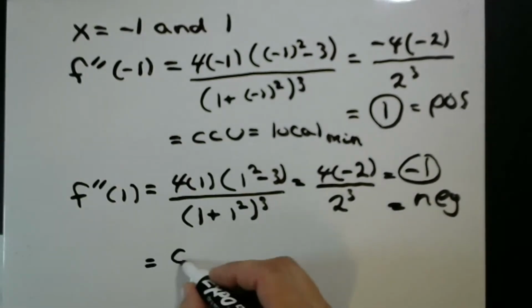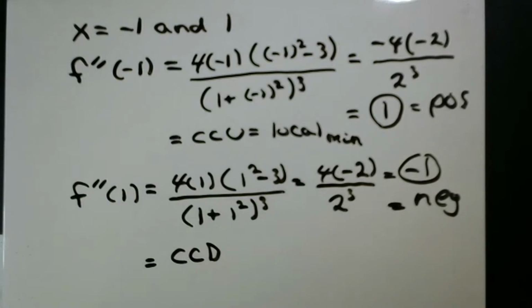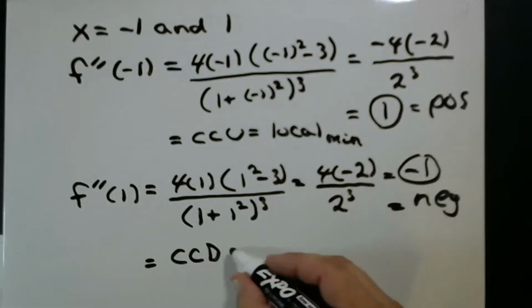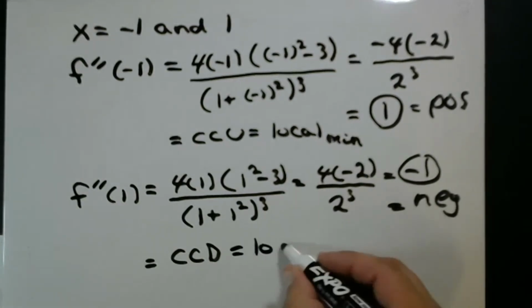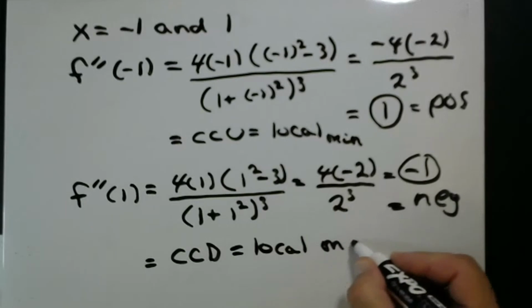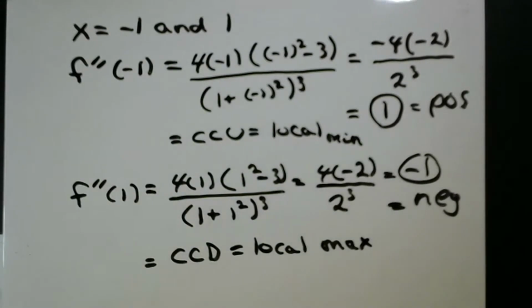So this means we have concave down because the second derivative is negative. And this means a local max. So again, we're just confirming what we already know with the first derivative test. This is just another way of doing it.